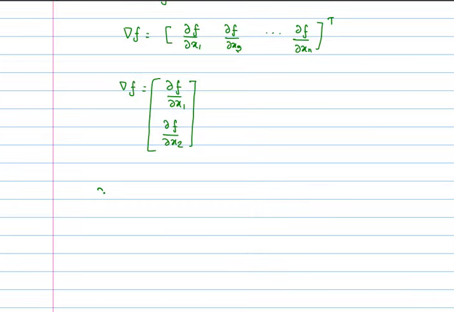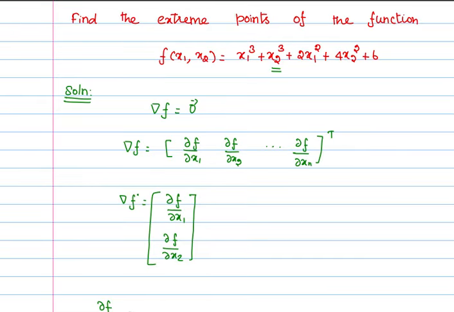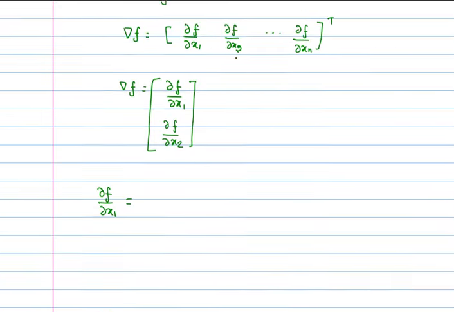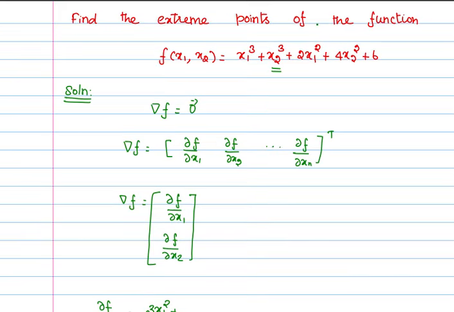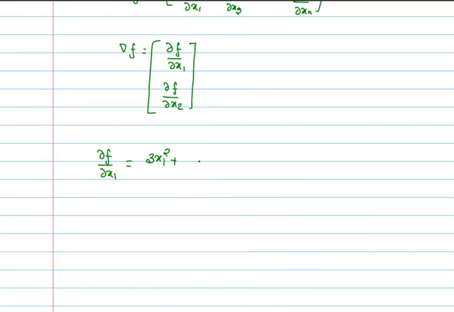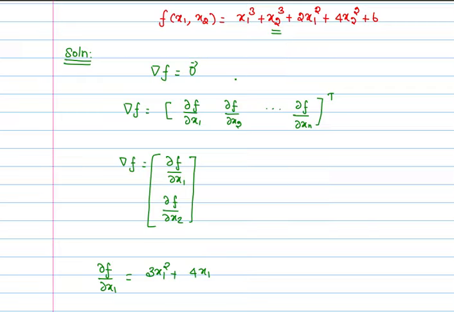First of all, I want to find dou f by dou x1. Taking the partial derivative with respect to x1, we get 3 times x1 square plus 4 times x1, no other terms, correct?